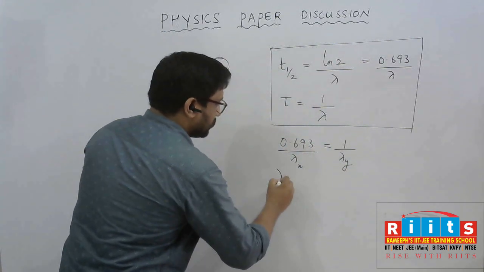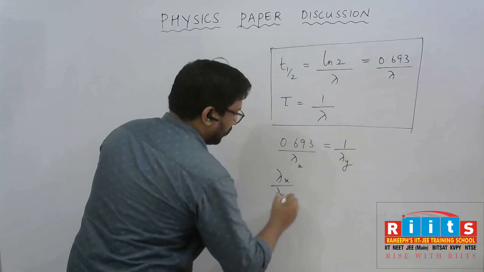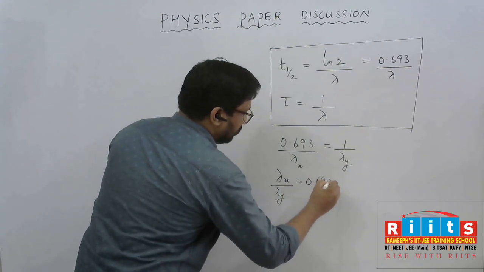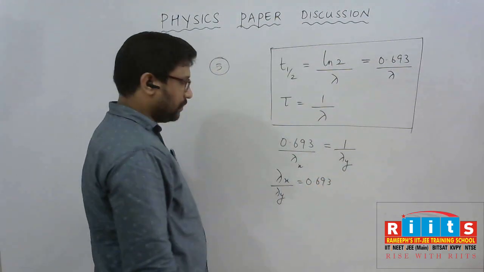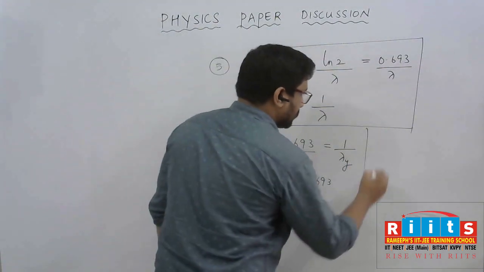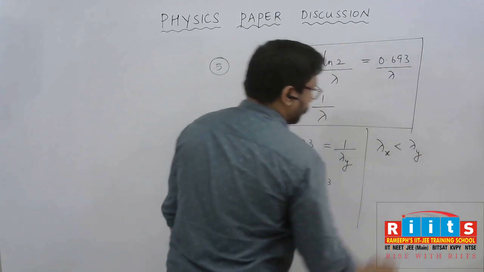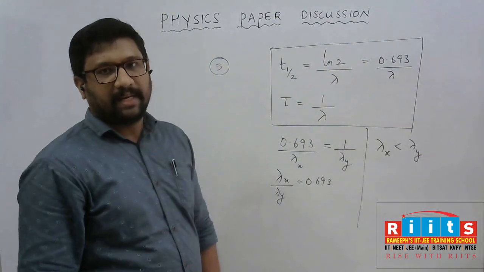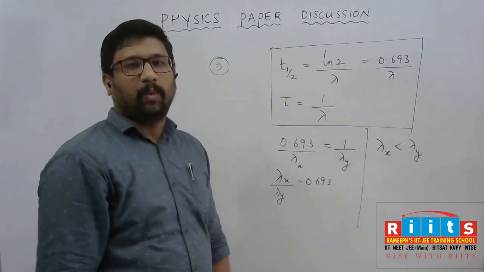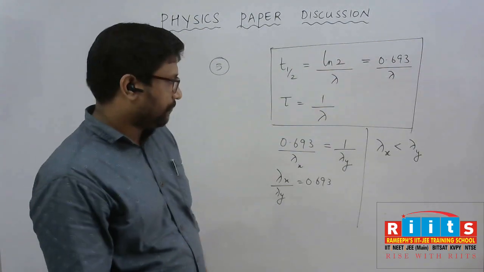By checking, you can see lambda X by lambda Y is 0.693, which is less than 1. So lambda X will be less than lambda Y. If lambda X is less than lambda Y, what is the conclusion we can see?